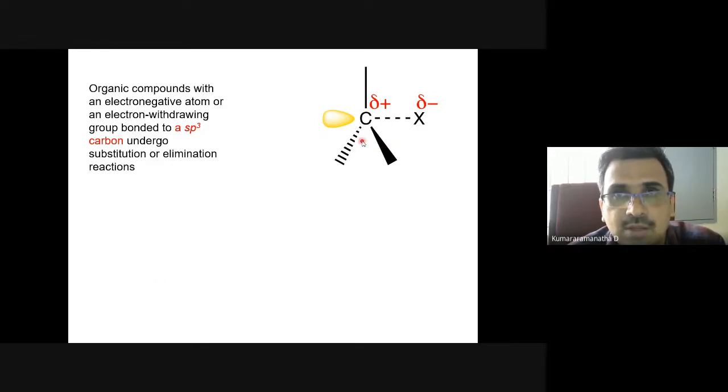So you already know that carbon can form 4 bonds, and whenever it is linked to a halogen or electronegative atom, the electrons will be more directed towards the electronegative atom, so it is delta minus, and carbon gets a slight positive charge. Okay. So what happens because of this electron withdrawing group? This sp3 hybridized tetrahedral carbon will undergo substitution or elimination.